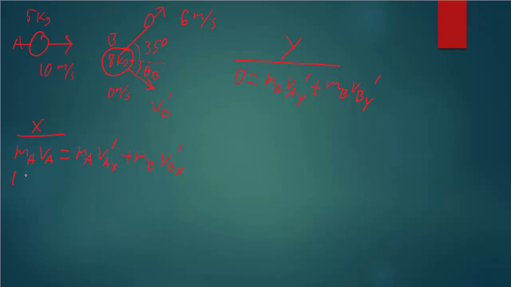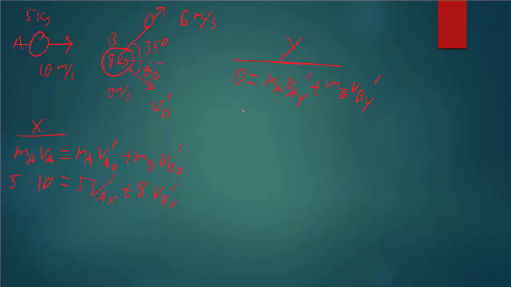So I've got 10 for this guy. Sorry, mass was 5 and velocity was 10. So mass of 5, velocity of 10, mass of 5. This, we don't know the x component, I'm just going to leave it as VAX prime for now, mass of B is 8, VBX.